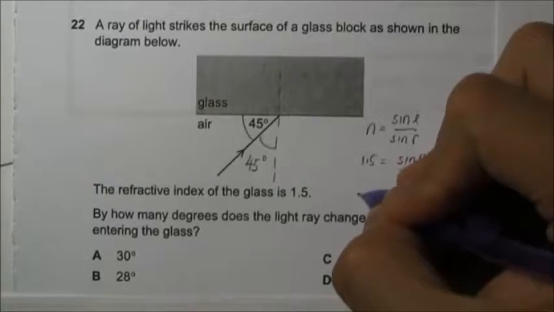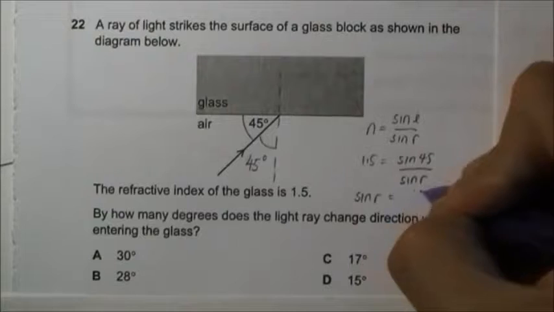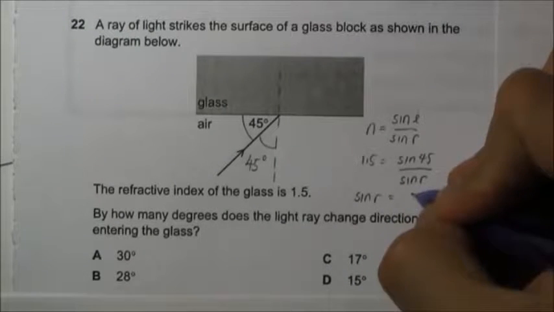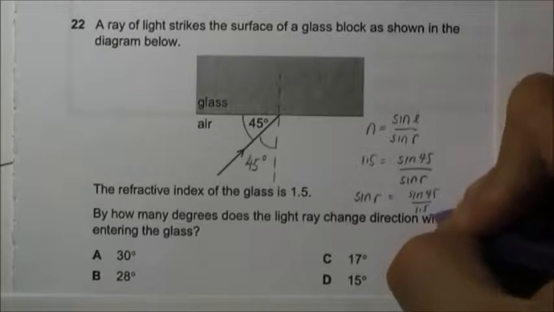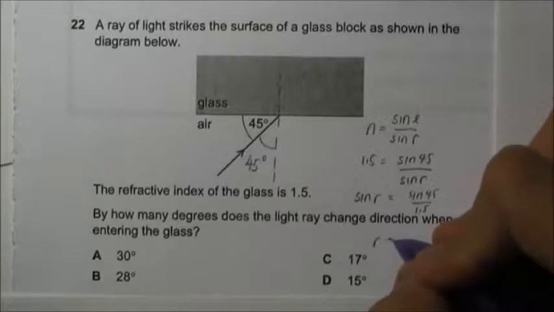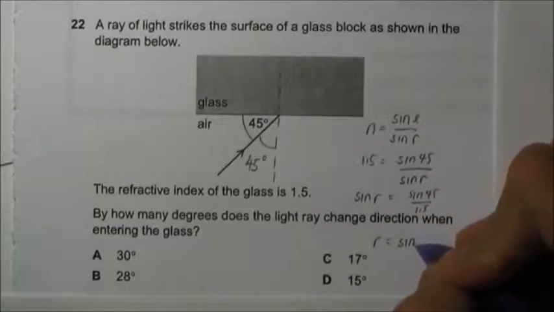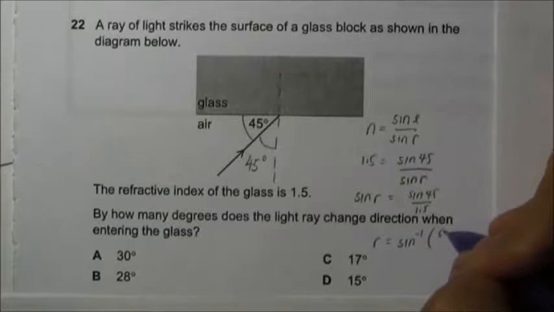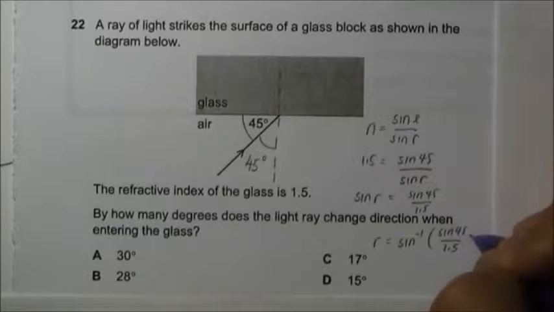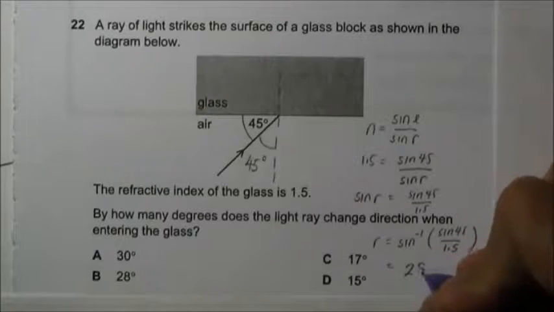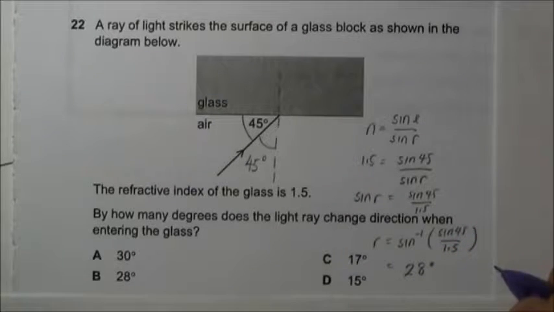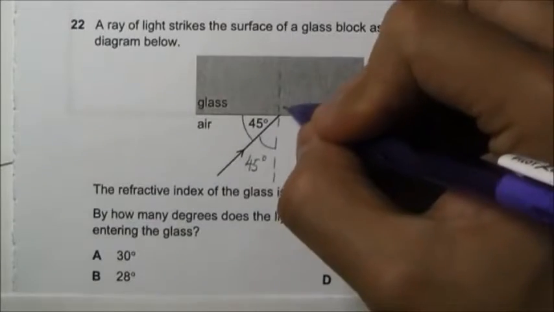So sin r is equal to sin 45 divided by 1.5. So our r will be equal to inverse sin (sin 45 degrees divided by 1.5), and that will give us 28 degrees.